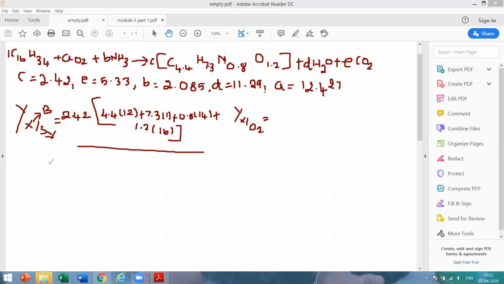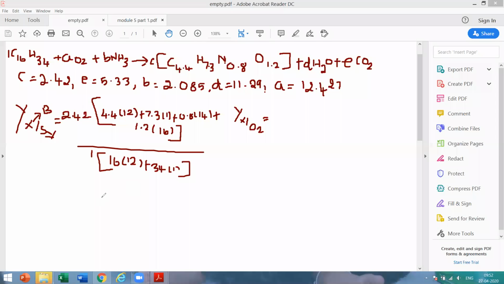C16H34. So coefficient is what? 1. Okay, 1 into, why am I writing this 1 also? Because we should not forget to write the coefficient. 16 into 12 plus 34 into 1.